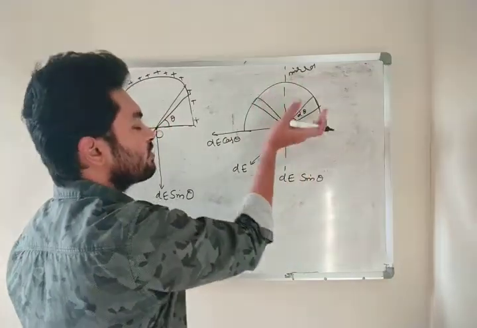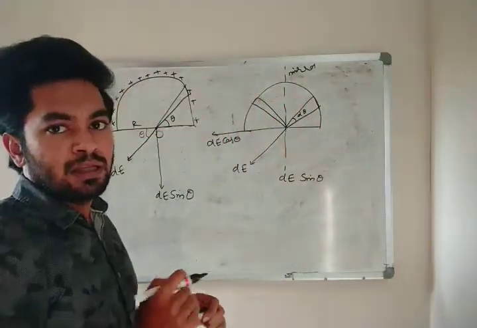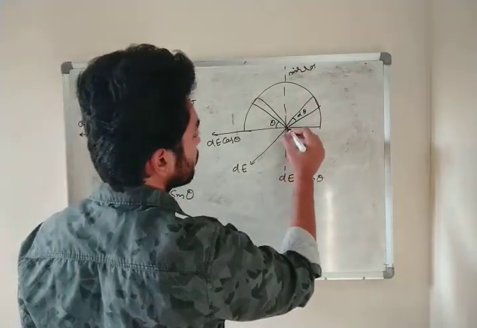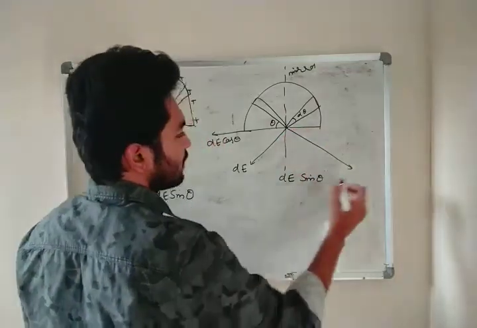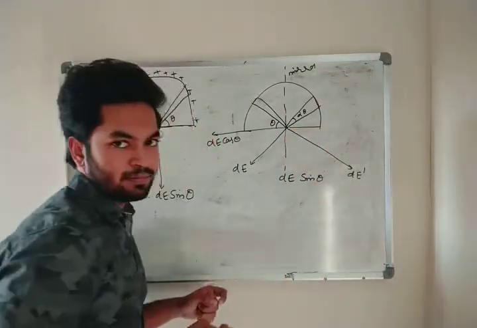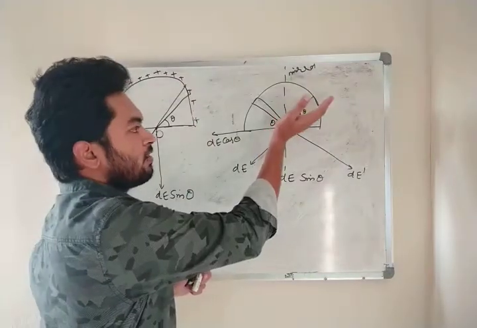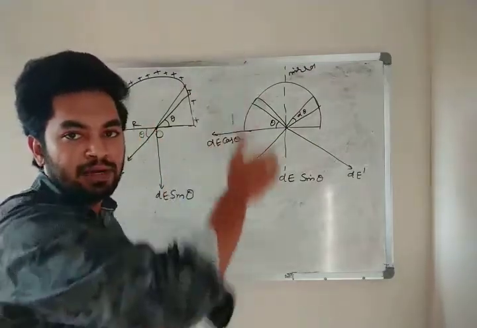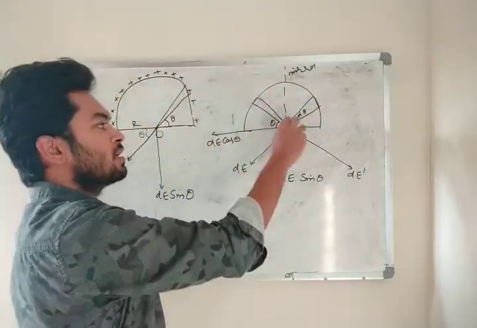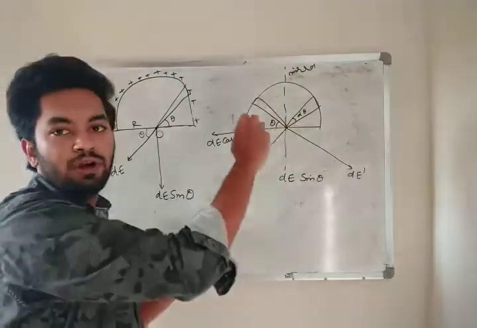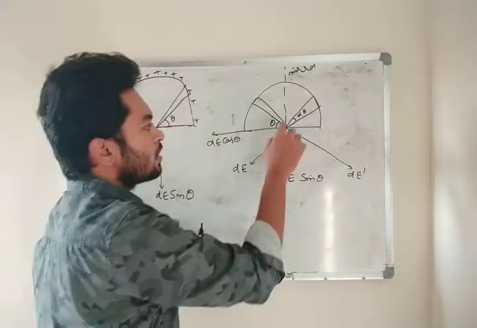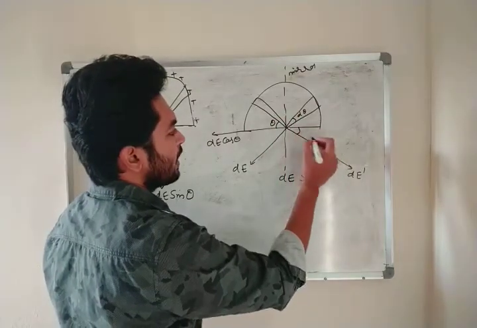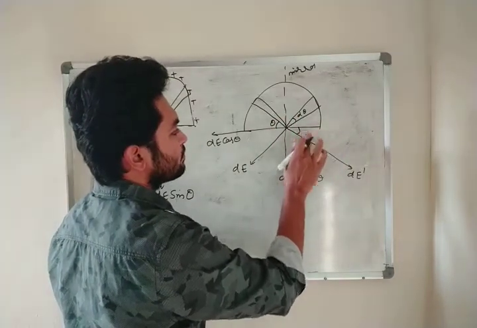If I put a mirror, there will be the same mirror image. So here the electric field will be in this direction. Let us take dE dash. The same element I am going to get on the opposite side also. If this angle is theta, the angle for the electric field is also theta, right?